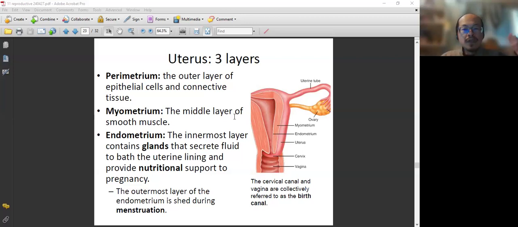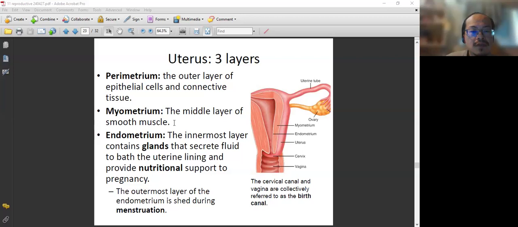This is essentially the skin, continuous, basically epithelium. But we call it endometrium right here. And outside here is the perimetrium.